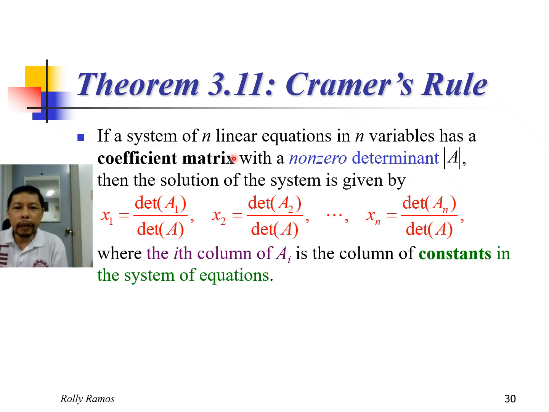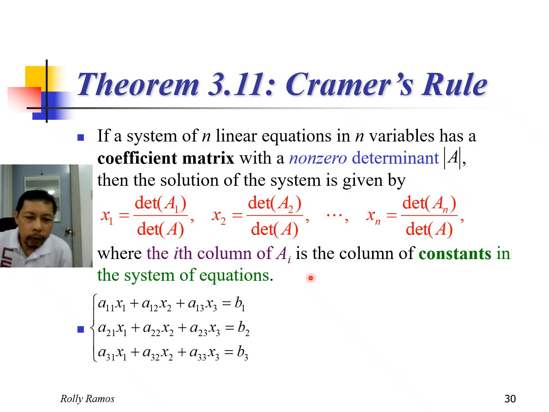If a system of n linear equations in n variables has a coefficient matrix with a non-zero determinant, in other words non-singular, then the solution of the system is given by these equations. x1 is equal to the determinant of A1 divided by the determinant of A. x2 is equal to the determinant of A2 divided by the determinant of A, and so on up to the last variable xn, which is equal to the determinant of An divided by the determinant of A, where the ith column of A is replaced by the column of constants in the system of equations.